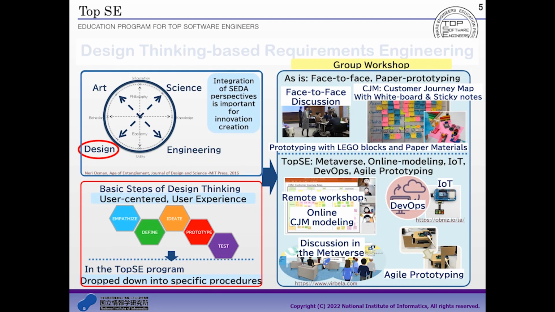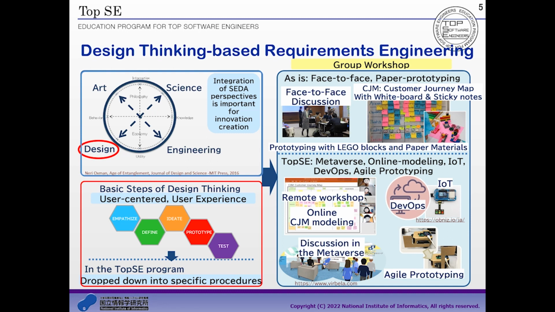Now let me talk about design thinking-based requirements engineering. According to Neri Oxman, the integration of science, engineering, design, and art perspectives is important for innovation creation. Design thinking-based requirements engineering will focus on practical exercises with the aim of obtaining the requirements elicitation method, which is based on user-centered design, user experience, and empathy co-creation.